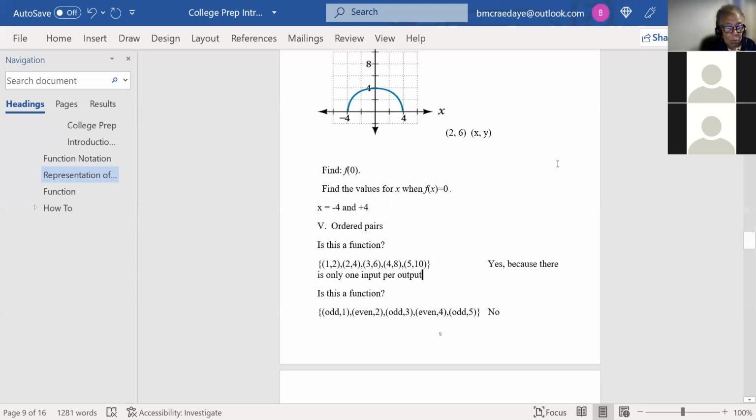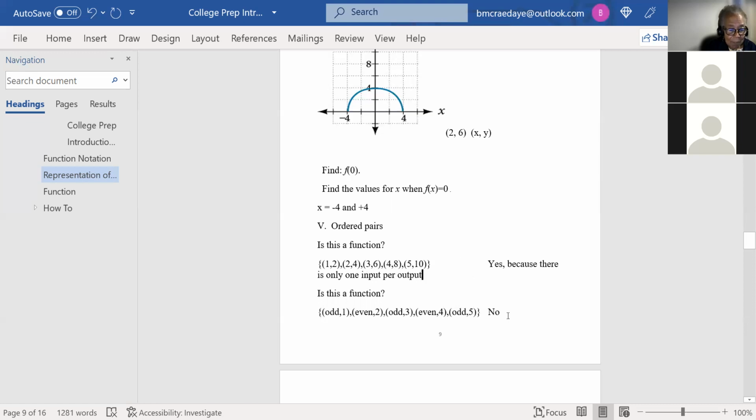Okay, there's only one input per output. In other words, the one is the X, right? That's the input. But that one you don't see anywhere else with an output. Okay, so there's only one input per output.